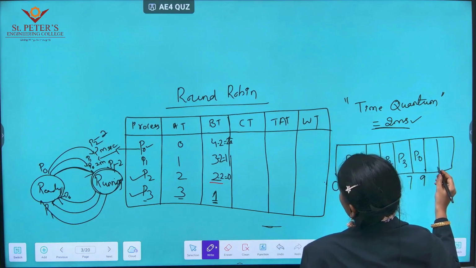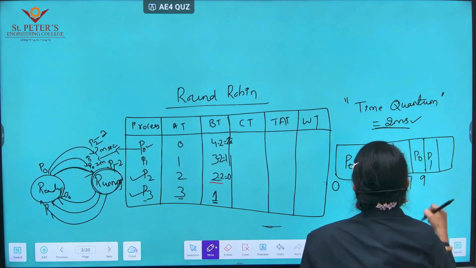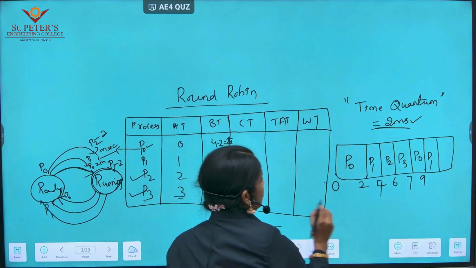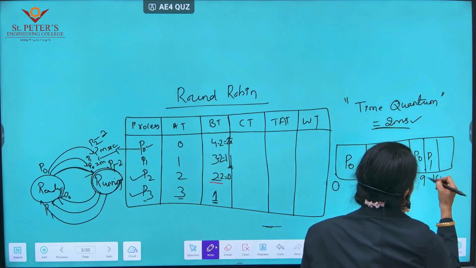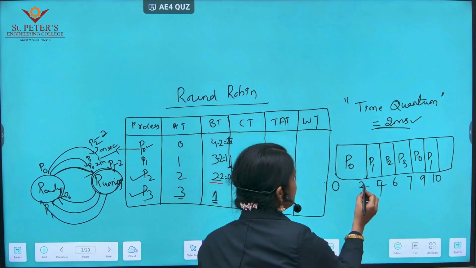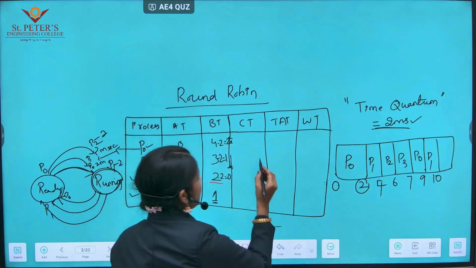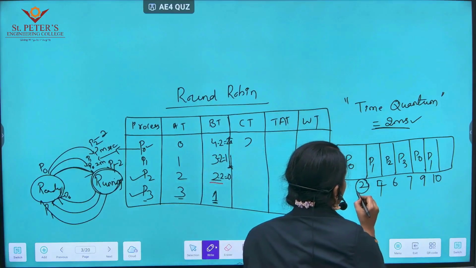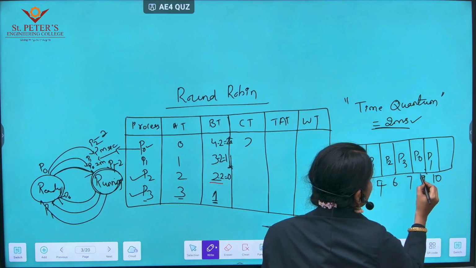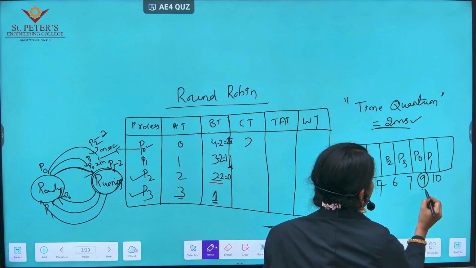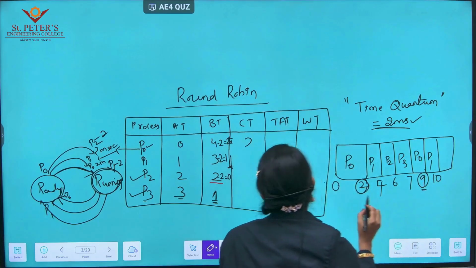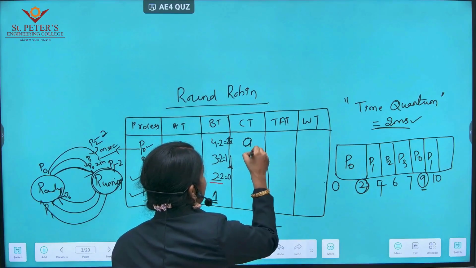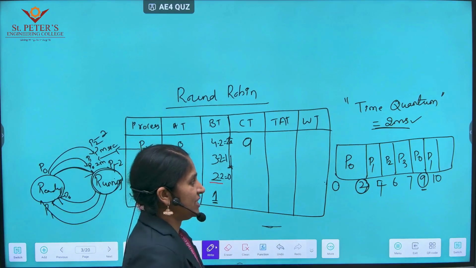Again P1 will execute; it has only 1 millisecond remaining, so it executes here too. Completion time of P0 is 9, and we take the last one as the completion time.